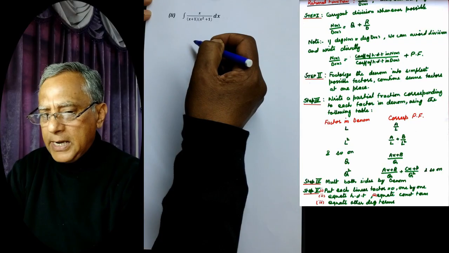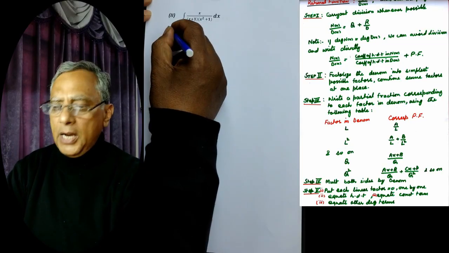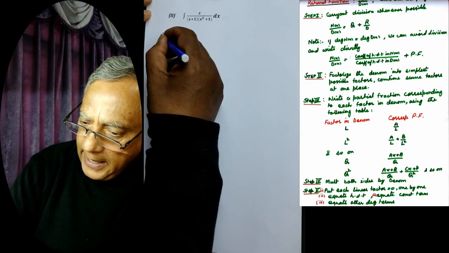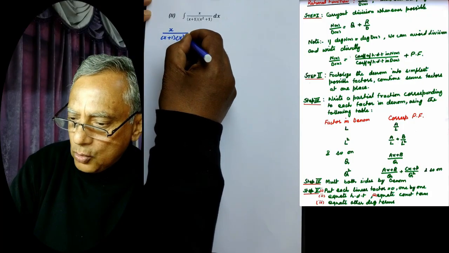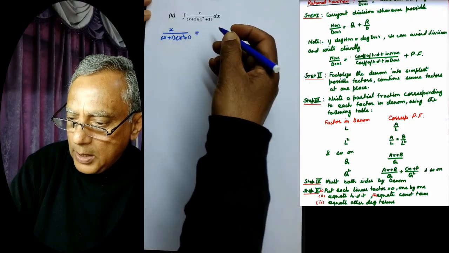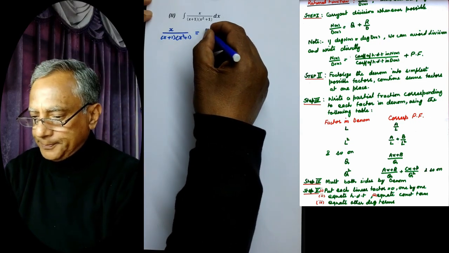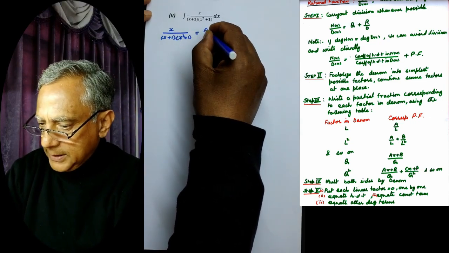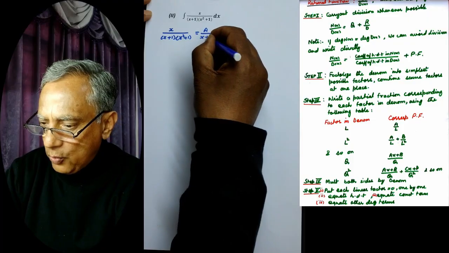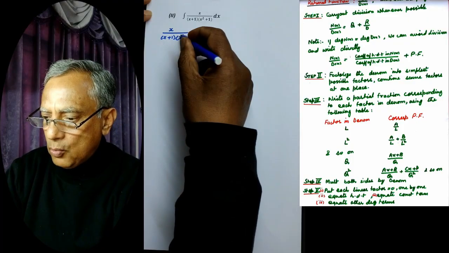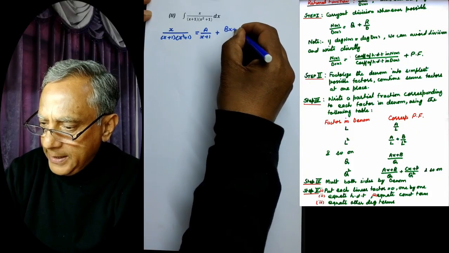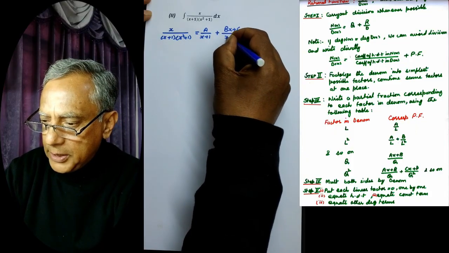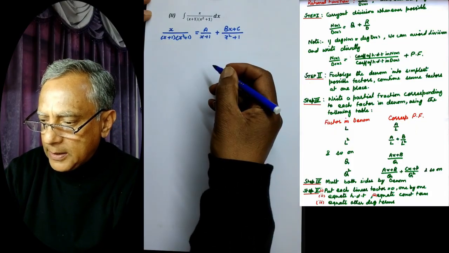So we will directly write the partial fractions. We will write x over x plus 1 into x square plus 1 is equal to, this is linear, so this will be a over x plus 1, plus this is a quadratic, so we will write bx plus c over x square plus 1.